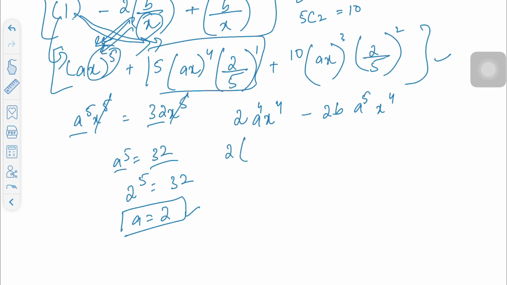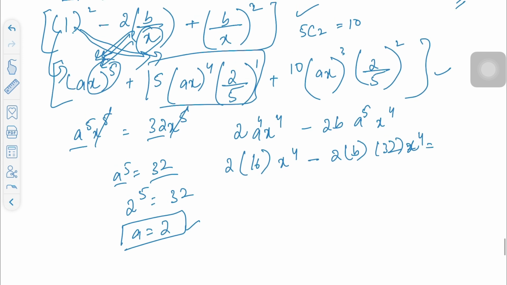Our a would be 2, so this would be 2 to the power 4, 16. We have our x to the power 4, then this would be 2b. We have 2 to the power 5 as 32. This is x to the power 4, and the x to the power 4 coefficient is 160 x to the power 4. We can just take x^4 as common and remove it. So this would be 32 minus 64b.